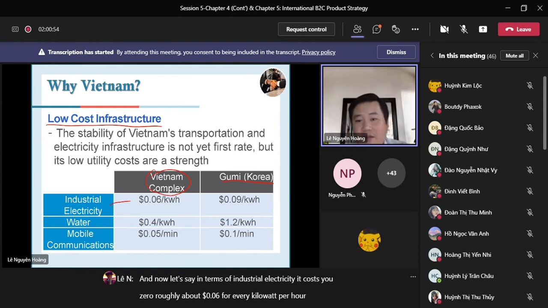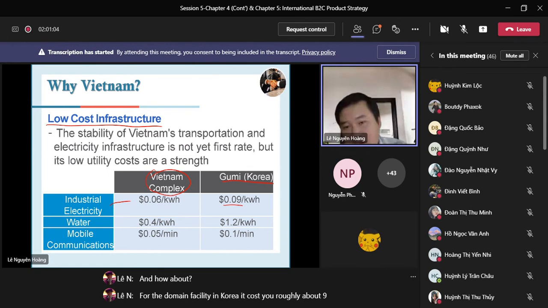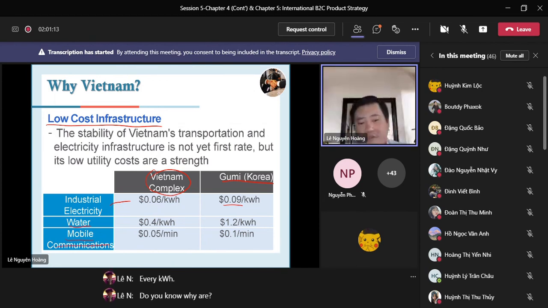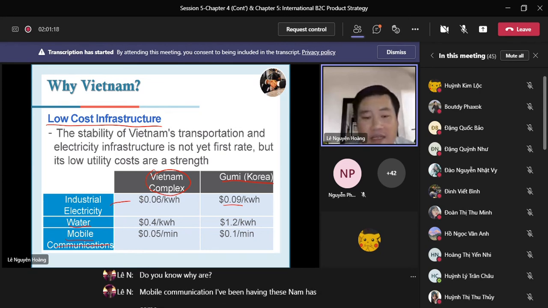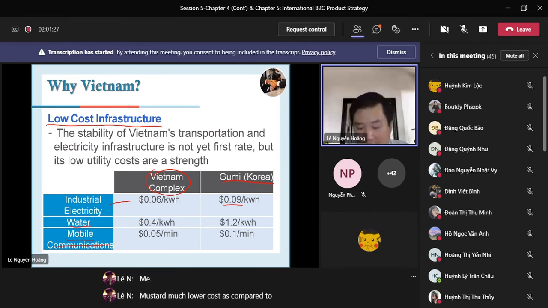And how about for the Gumi facility in Korea? It costs roughly about 9 cents for every kilowatt hour. Water, mobile communication, Vietnam has much lower cost as compared to Gumi in Korea.